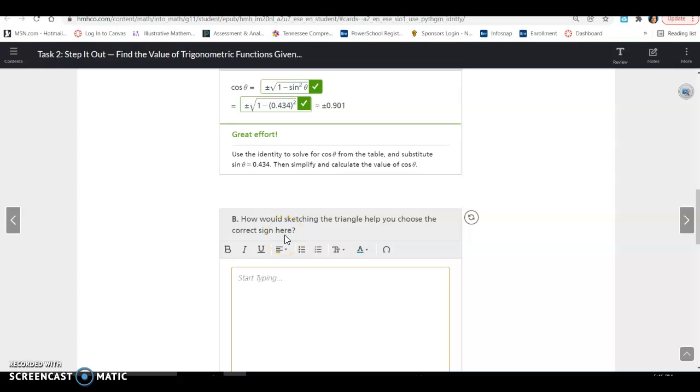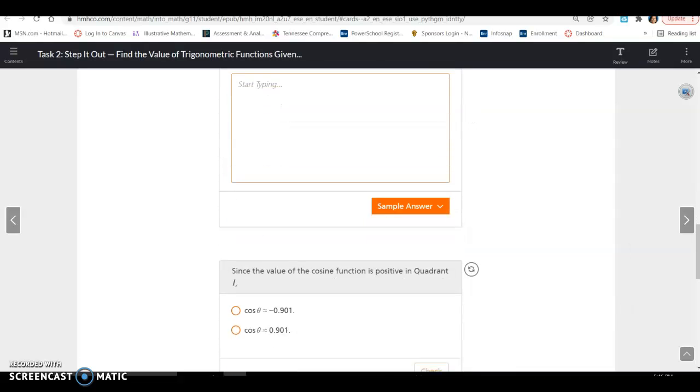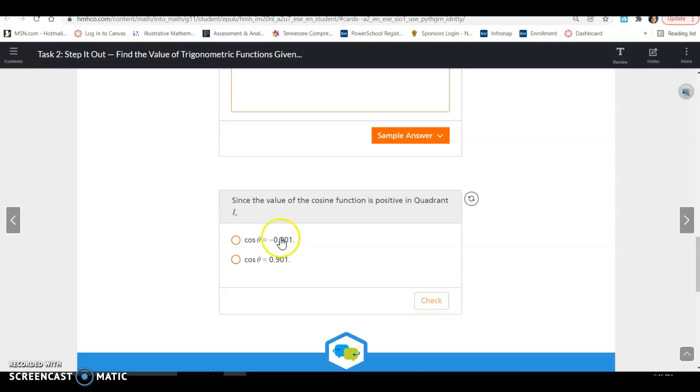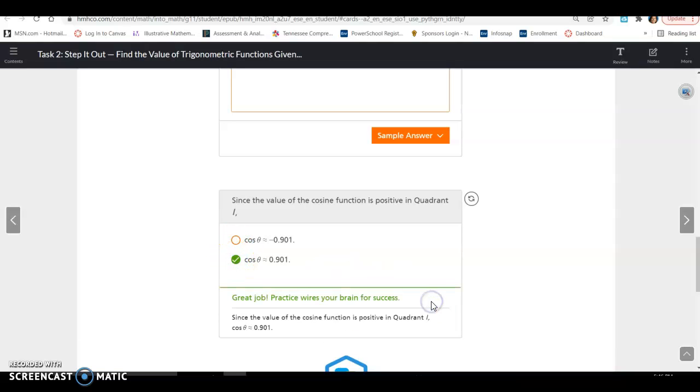All right, so how would sketching the triangle help you choose the correct sign here? If you sketched it, then it would tell you which quadrant it's in, and it would help you determine what those signs are. Since the value of the cosine function is positive in quadrant 1, we know that the cosine will be positive.